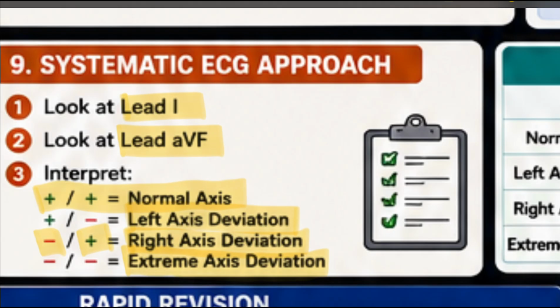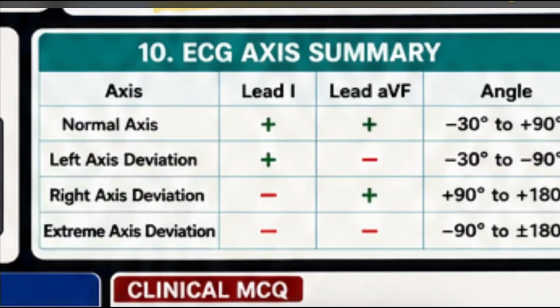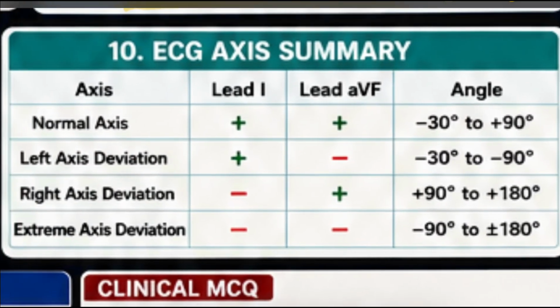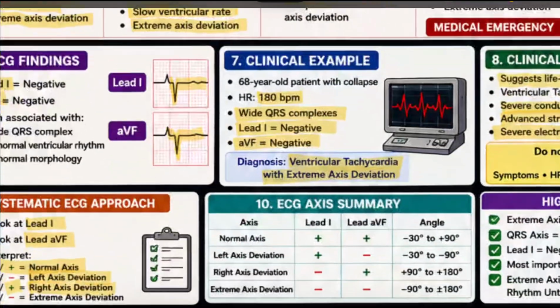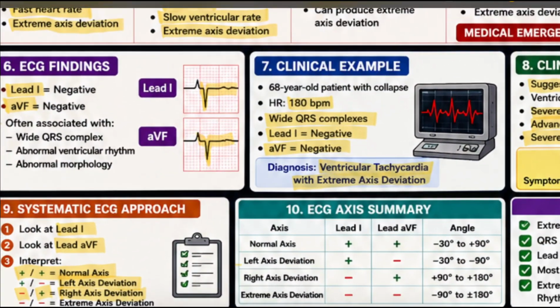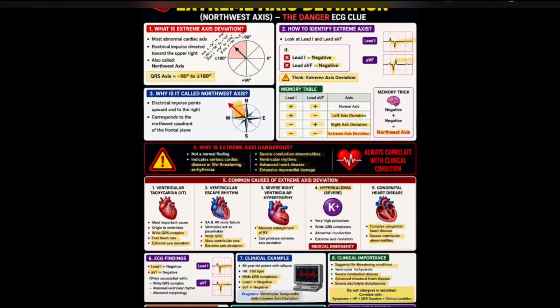If both are negative, we have to suspect extreme axis deviation. Okay, so these are the angles we already discussed: normal axis, left axis deviation, right axis deviation, and extreme axis deviation.